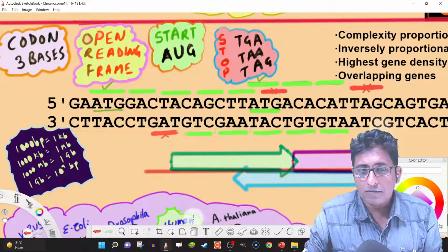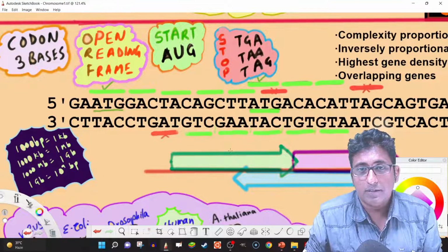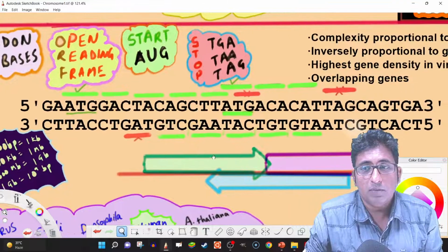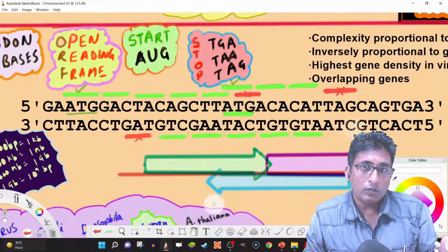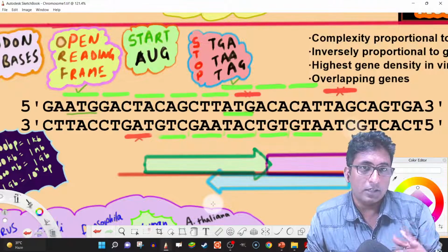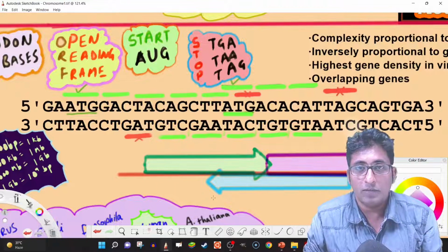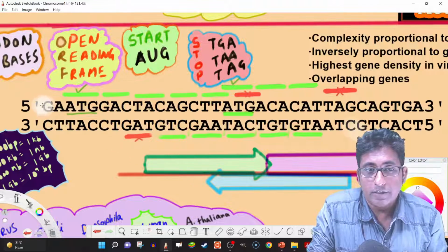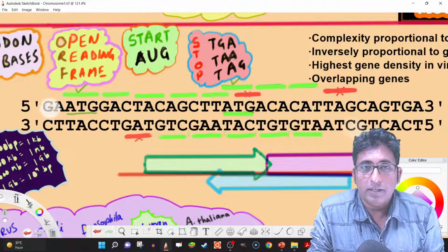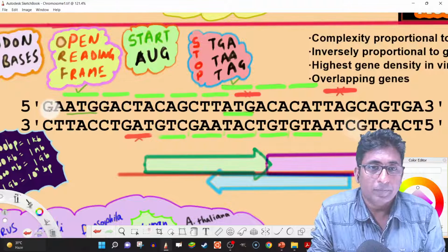If a stretch of DNA is given, we should be able to identify the open reading frames. The first thing we look at is whether there is any ATG, because every open reading frame should start with ATG. This is a DNA sequence, so we look for ATG.